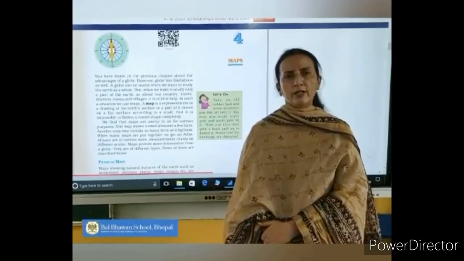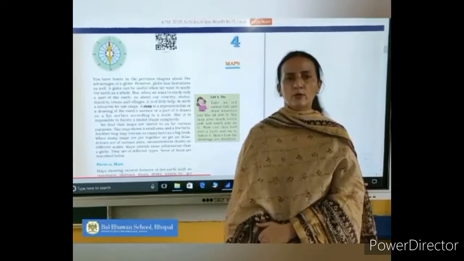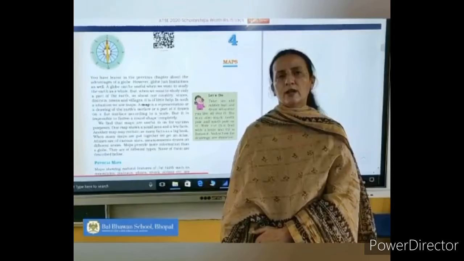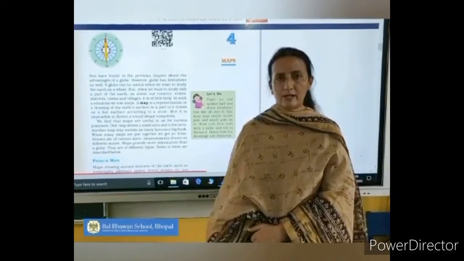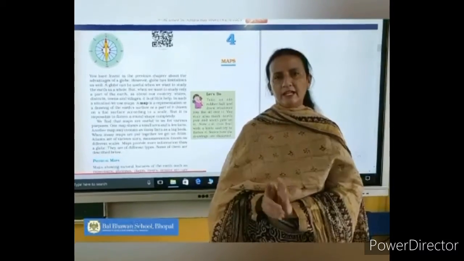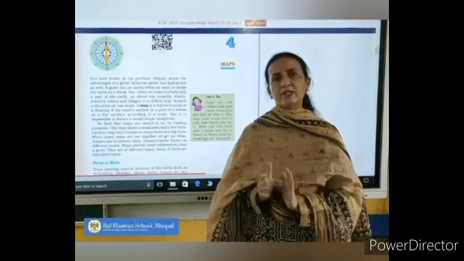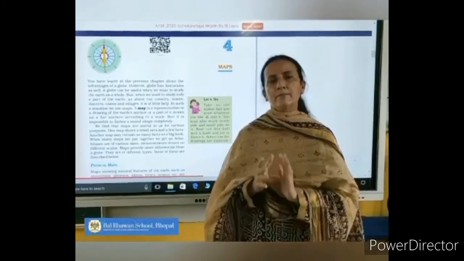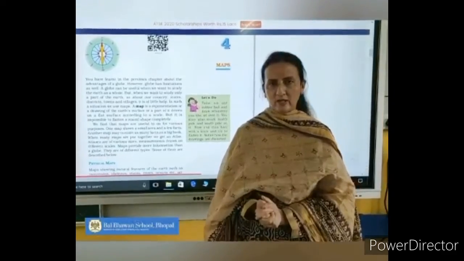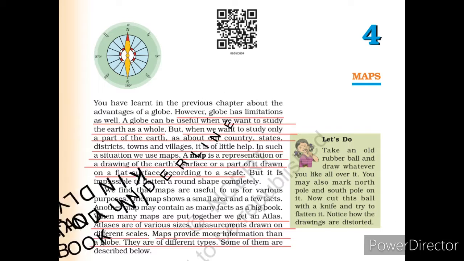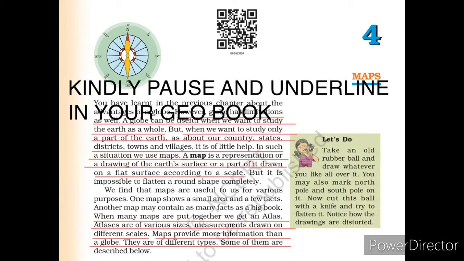So, in order to replace the globe, maps were made. Our cartographers made maps. The advantage of a map is that it can be carried anywhere and it gives us the complete picture of the place. As I have said, globe has limitations as well.